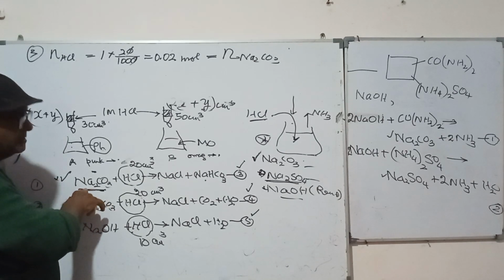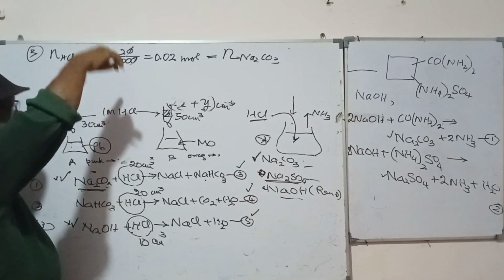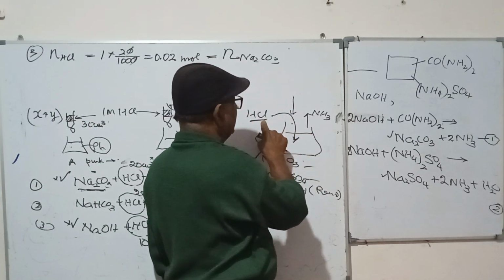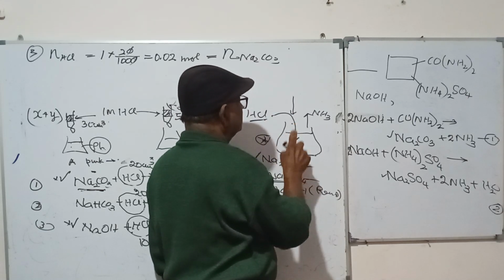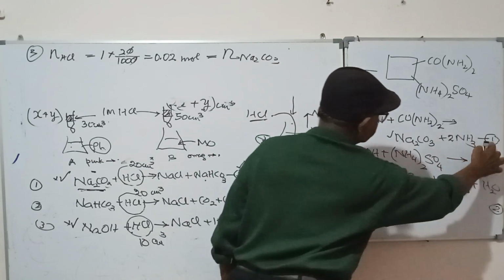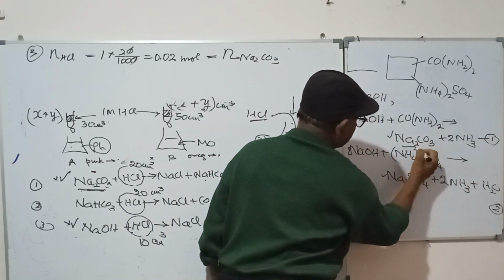The sodium carbonate was formed initially during the addition of HCl to the mixture of fertilizer, according to the first reaction. See here.